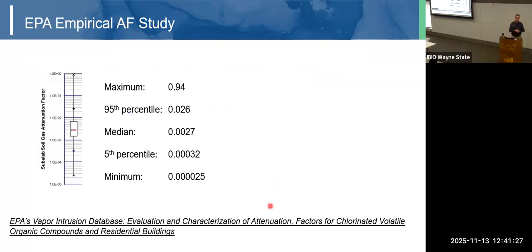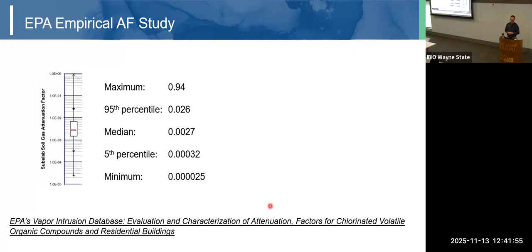Now, EPA did this empirical study where they pulled in pairs of sample data from a handful of sites. I think they had 500 different pairs of indoor air and soil gas data, and they just calculated the attenuation factor and did evaluation statistics on that. So this is the big takeaway of their evaluation.